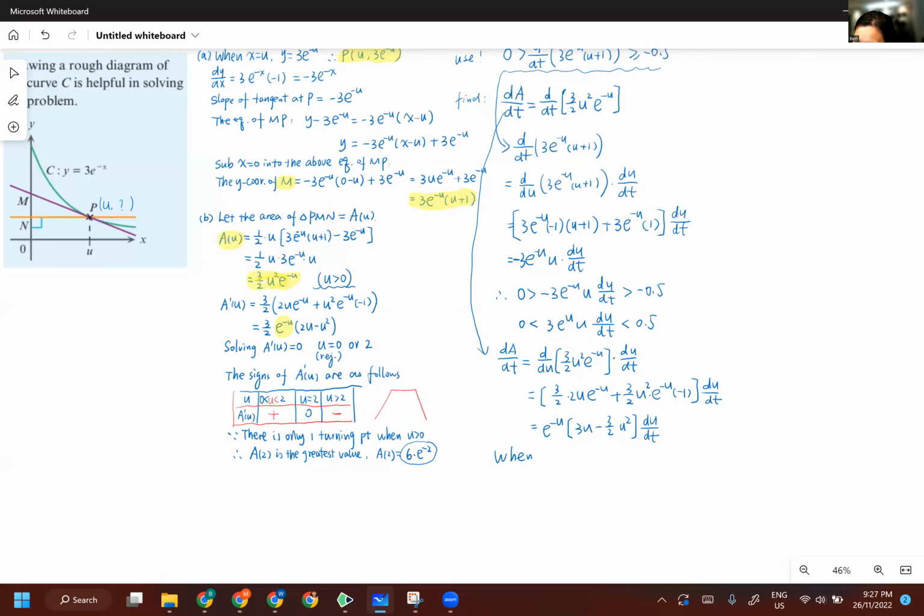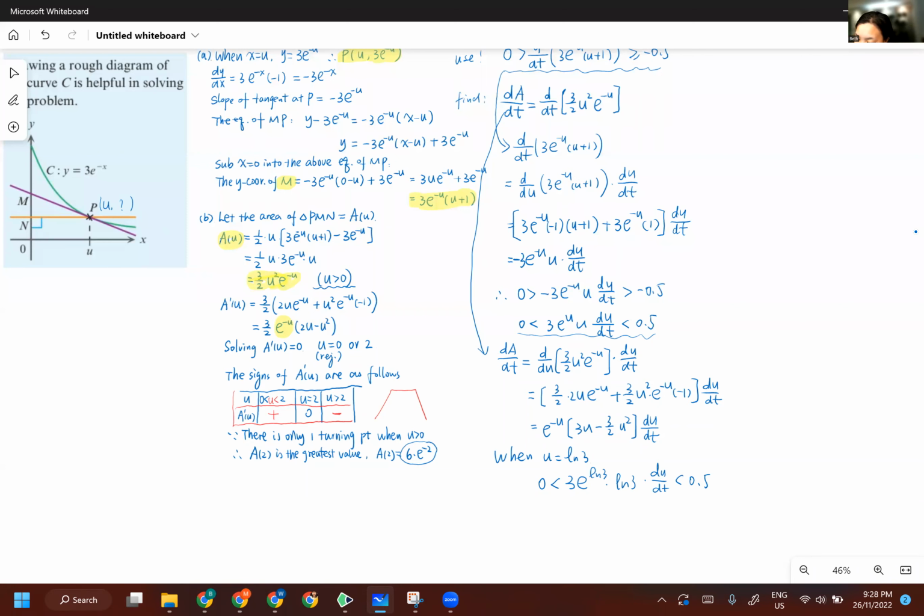So when u equal log 3, let's first substitute inside here. That is 0 is smaller than 3e^(log 3) times log 3 du/dt smaller than 0.5.